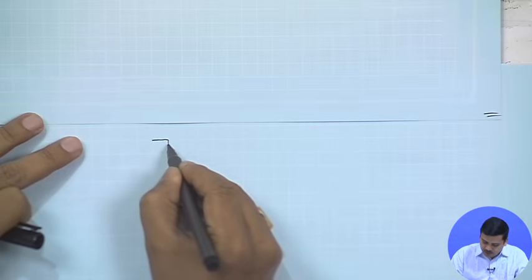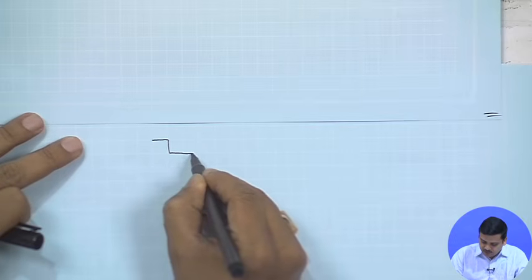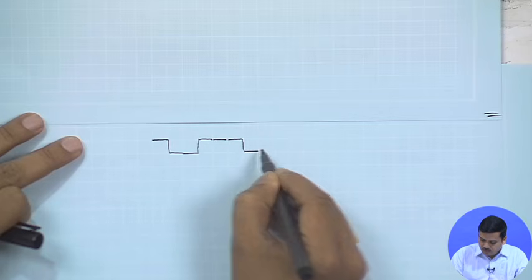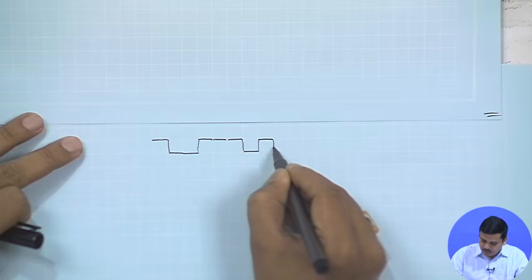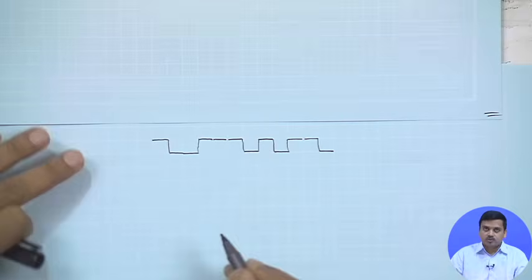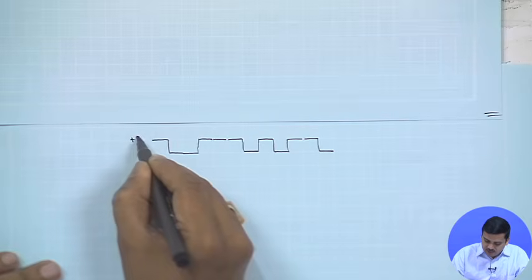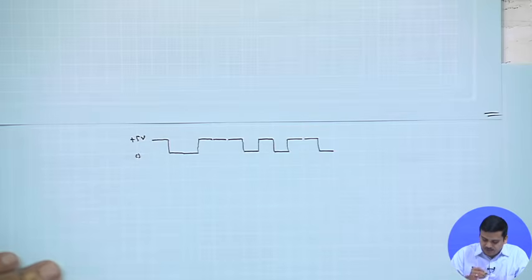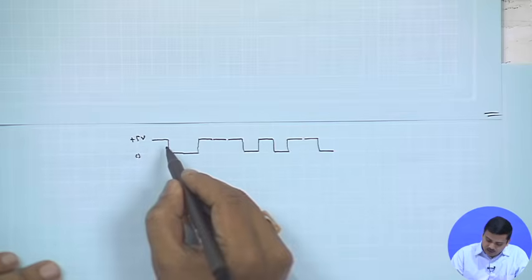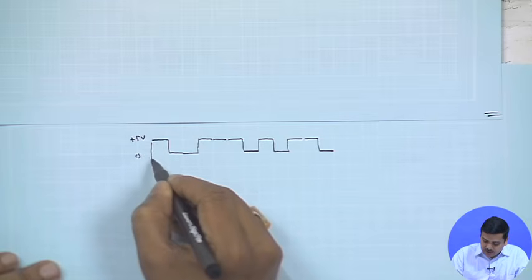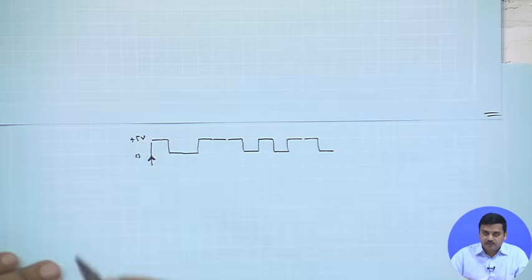For instance, suppose I am taking a very simple sequence. And so on. This could be a sequence of, let's say, plus 5 volts and let's say 0 volts or minus 5 volts. Okay. So I am drawing the baseband. So one must know exactly where to read the frames, the starting point of the frame.